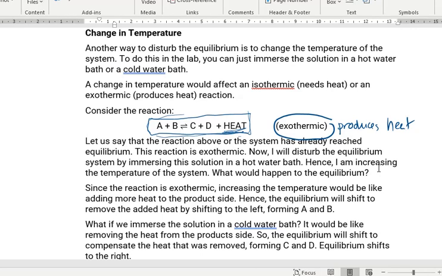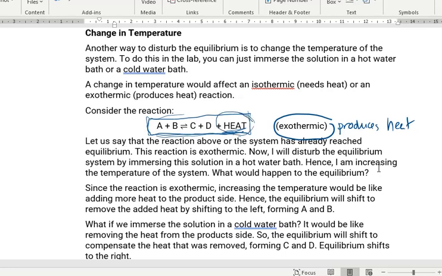What do you think would happen to the equilibrium? I disturbed the equilibrium. This is already at equilibrium, and then I disturb it. What do you think would happen? So, since the reaction is exothermic, increasing the temperature would be like adding more heat to the product side. It favors the side with more heat, right? Since I'm adding heat, it's like I'm adding more of this.